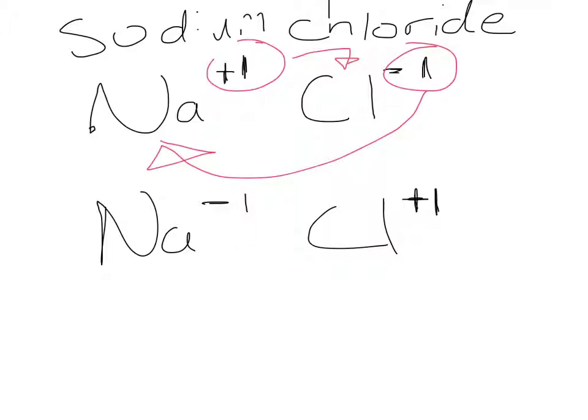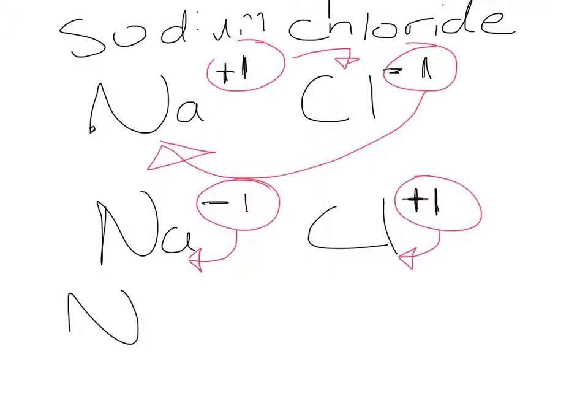Alright, so then you're going to take this, drop it down below here, this, drop it down below here, okay? So that gives you Na1 Cl1. Alright, if you have 1, you're going to also make sure you cancel it out. So this is again just going to be NaCl.